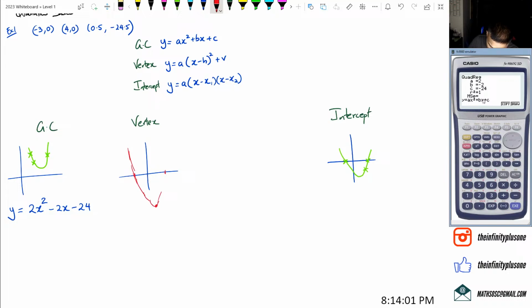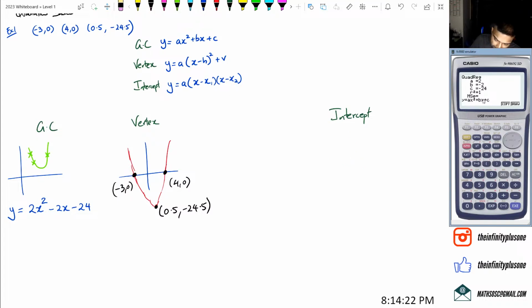So the parabola is going to look like this, where this point here is 4, 0, this point here is -3, 0, and the vertex is 0.5, -24.5.